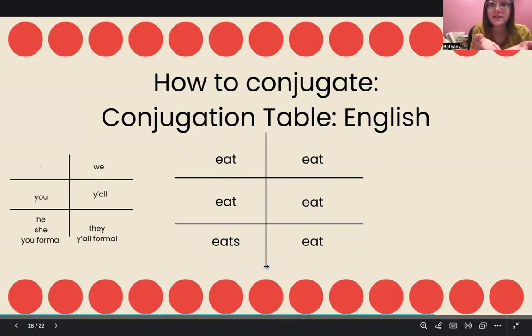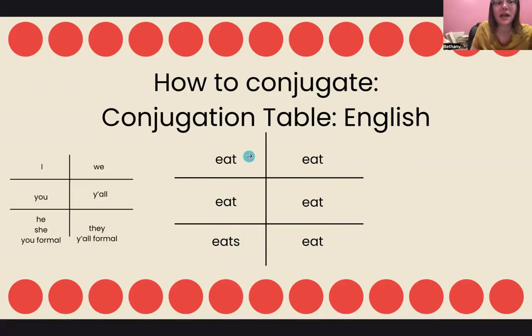And if this is the present tense, in the past tense it would be I ate, you ate, he ate, she ate, we ate, you all ate, and they ate. So the past doesn't change at all. In the present, though, we add that S in English, and I assume that is why we don't study conjugating verbs like in Spanish. In English, we just know the pronouns and how to put the verb with it.